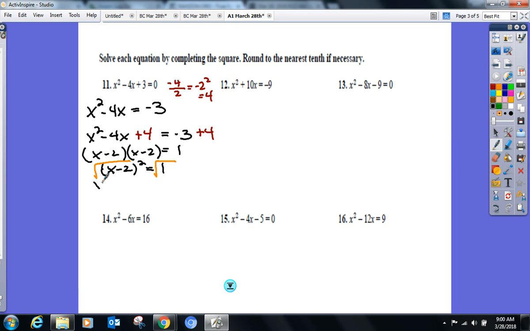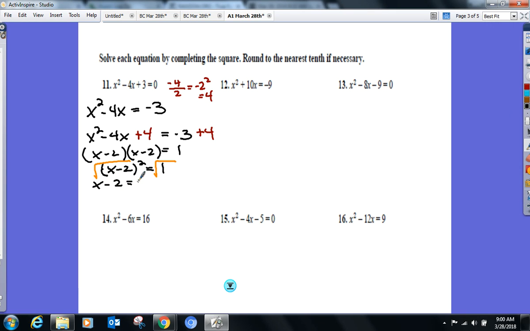You'll be left with x minus 2 equals plus or minus square root of 1. It's just 1. And then here you go. X minus 2 equals 1. X minus 2 equals negative 1.